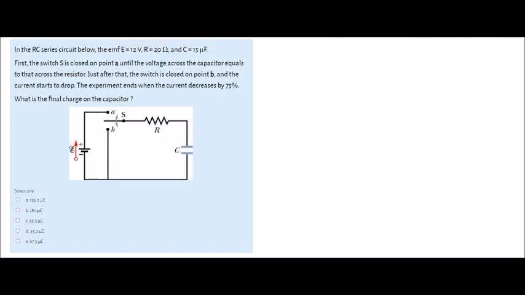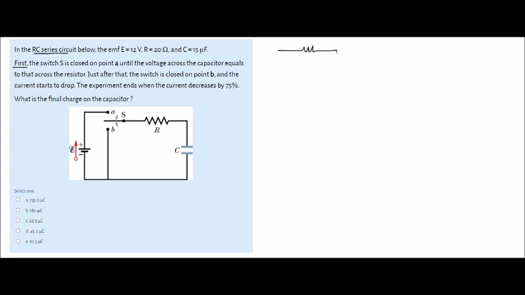Next question, RC circuit. So we are given the EMF, the resistor, and the capacitance. All right. First, the switch S is closed on point A. So what do we have? We have charging until the voltage across the capacitor equals that across the resistor.